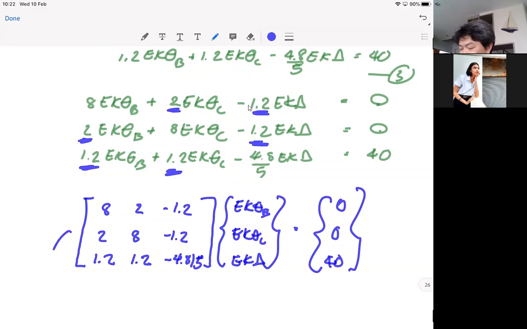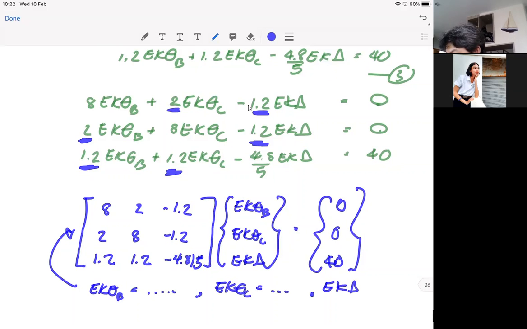If you have something like this, you know that, wow, you're probably correct. And then you go on and solve this, and you get EK zeta B, EK zeta C, and EK delta. All right. Because I just made this problem up myself, I don't have the solution with me. I just want you to begin with a very simple example that you can see.